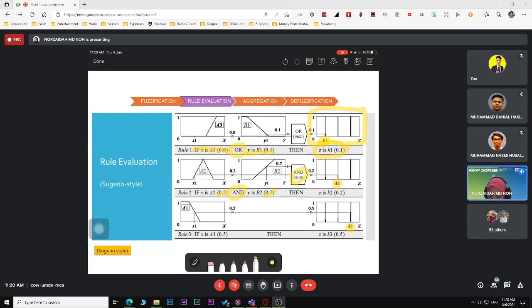Therefore, you will get Z as K2 is 0.2. Right, and then kita tengok rule yang ketiga. If X is 0.5, okay, dia ada satu antecedent saja, so you just apply the degree of membership to the output, which is Z is K3 with 0.5. Is it clear? You can follow me this one, right? It's easy. Okay.